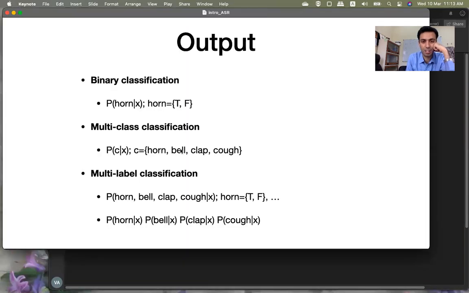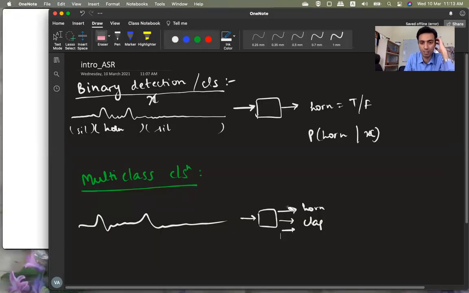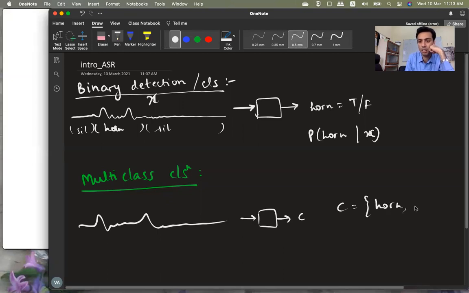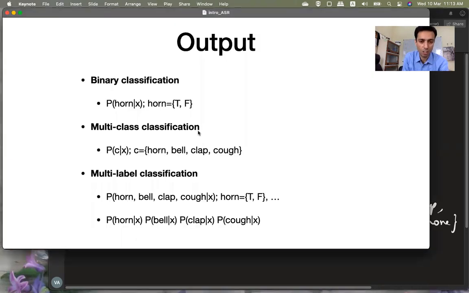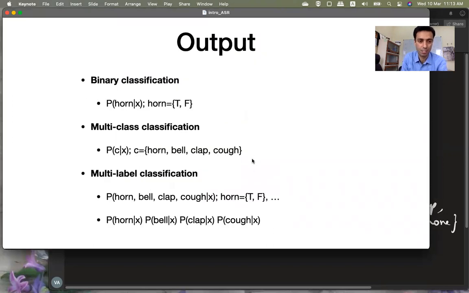I have chosen some classes: horn, bell, cuff, clap. Any of these different classes could be present. So you say it has one of these classes. C could be either a horn or a clap and so on, or nothing. My input will be one of these four classes or nothing. That will be a multi-class classification problem.